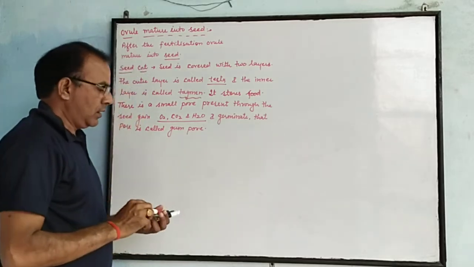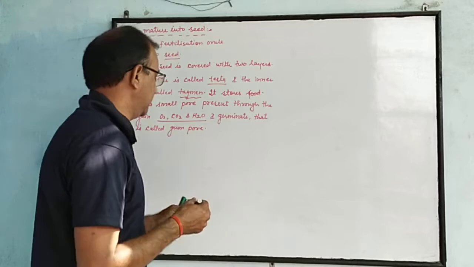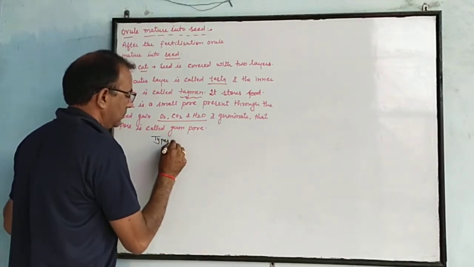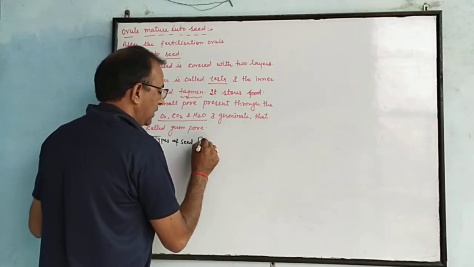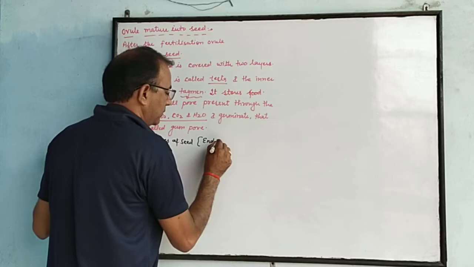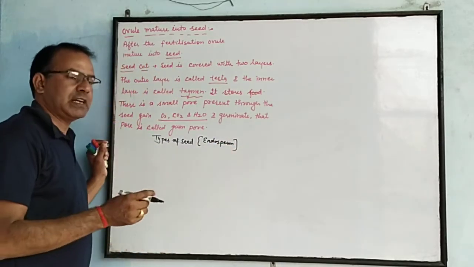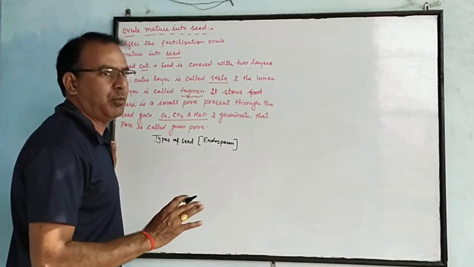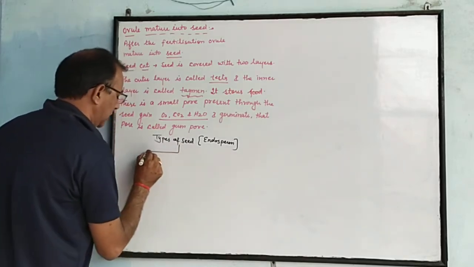Clear? On the basis of endosperm, there are two types of seed. The seed in which the endosperm is completely used is called a non-albuminous, non-endospermic or ex-albuminous seed.